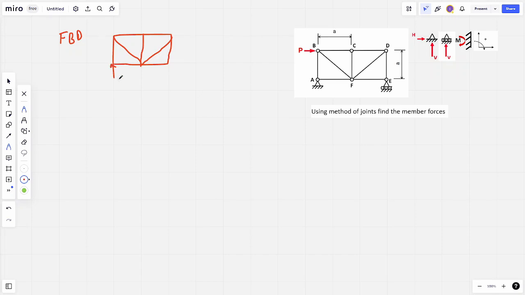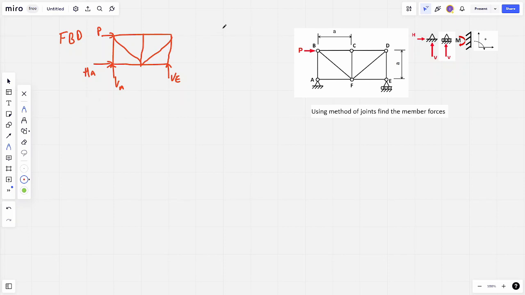So we're going to label that VA and HA. We've got a vertical reaction force VE, and we've got an external force of P. Again, there's nothing else that we can get from this example.